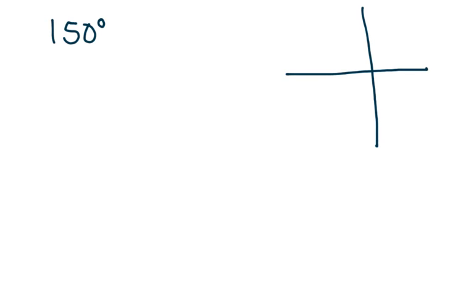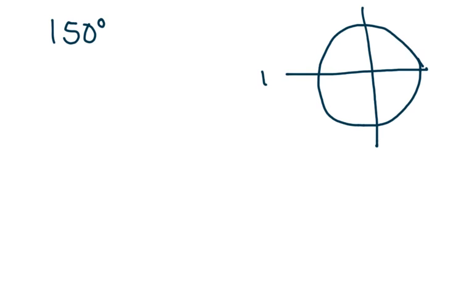Okay, so the first one we're going to do is 150 degrees. So what I'm going to do is look at my circle, or you don't even have to do a circle, but I'm going to go ahead and make some circle. It's hard to draw a circle on here, so there's my circle.